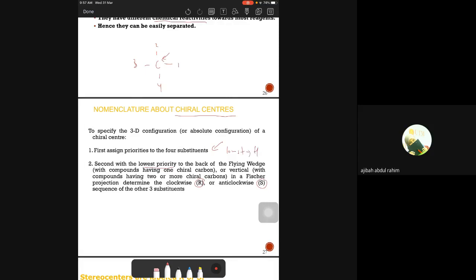Let's say you have carbon, hydrogen, and this could be CH3, OH, and Br, for example, bromine. So among these, we always try to determine which is the lowest priority. So if you see any hydrogen that is available, this would be considered as the lowest priority. Okay, later we will see why.